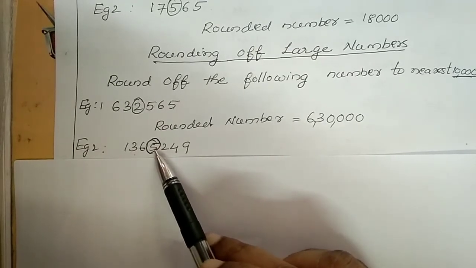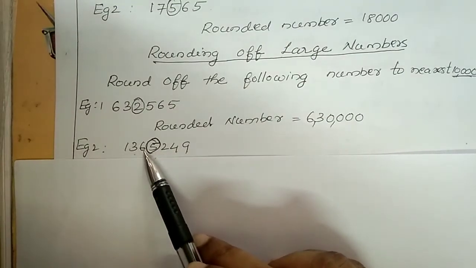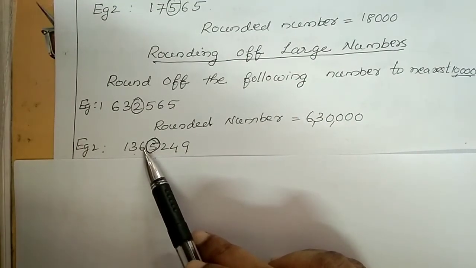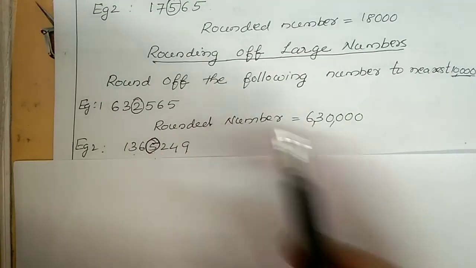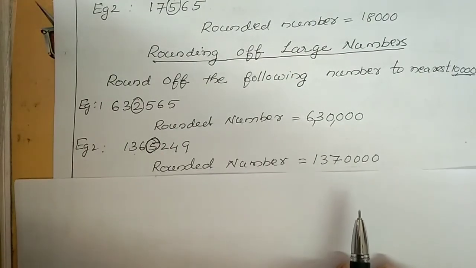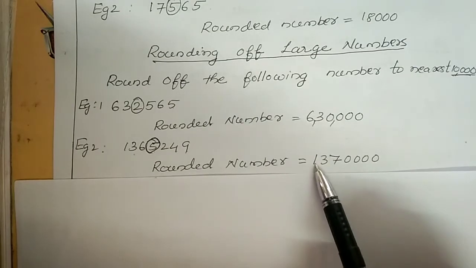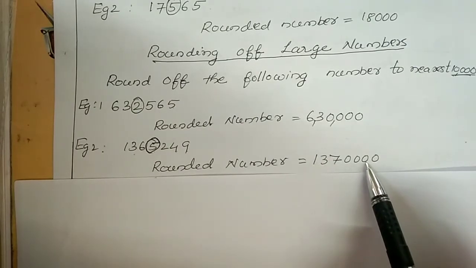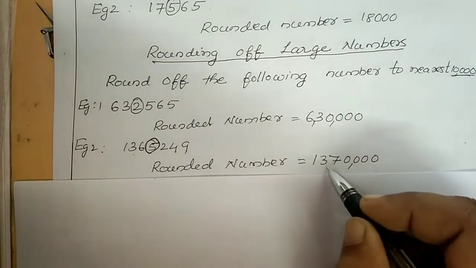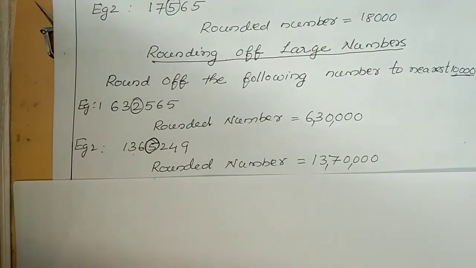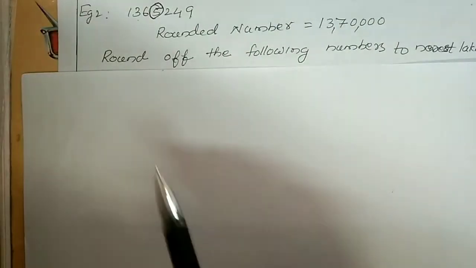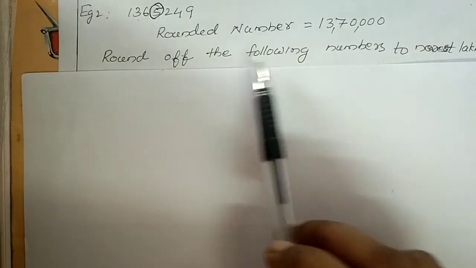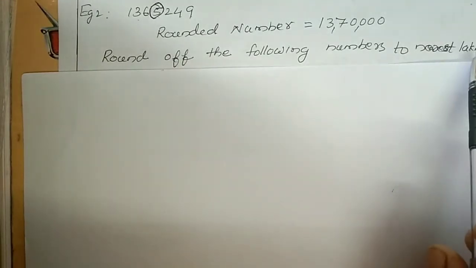First you replace these 4 digits with 0 and increase the 10,000 place digit by one. So what is our rounded number? 137,000. That means 13,70,000.